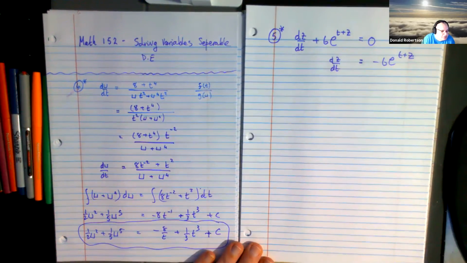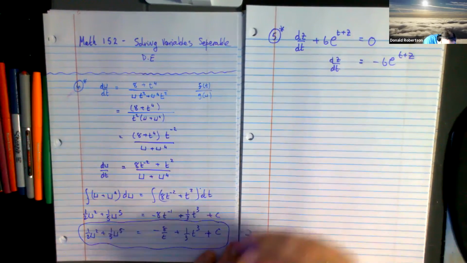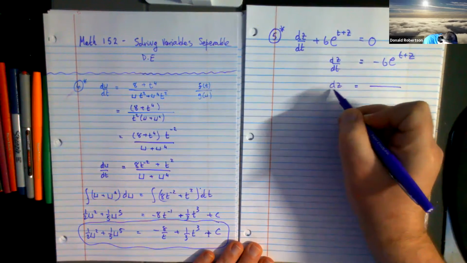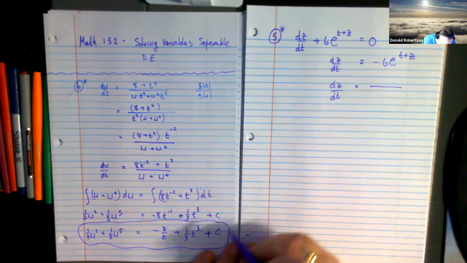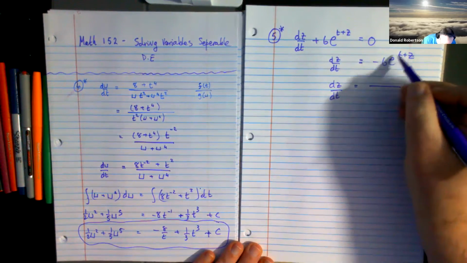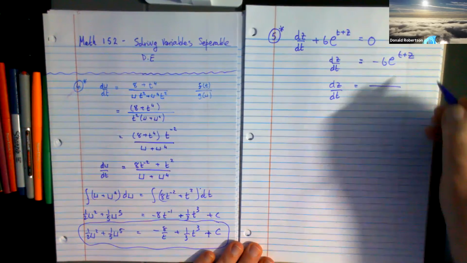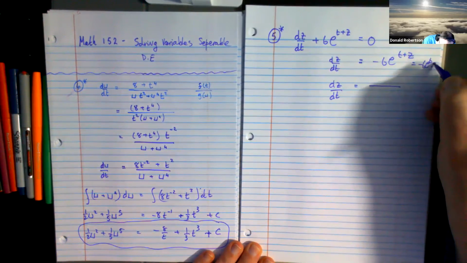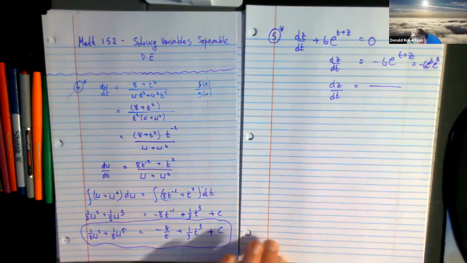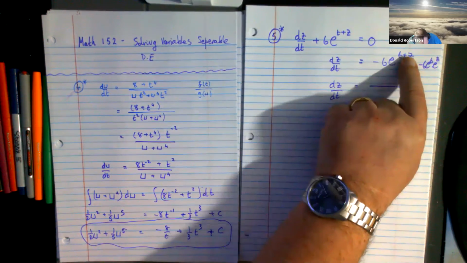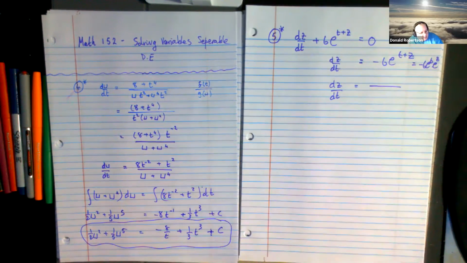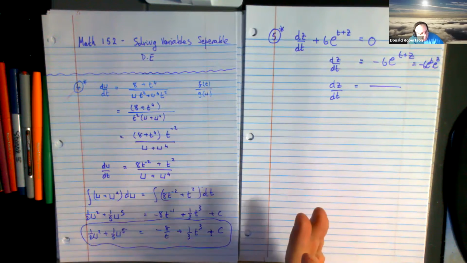Agreed? Now, I know I need a fraction. There's no way around that. I need a fraction. And this guy is causing me trouble. Do you know that e to the power of t plus z can also be written as e to the t times e to the z? That's allowed, right?